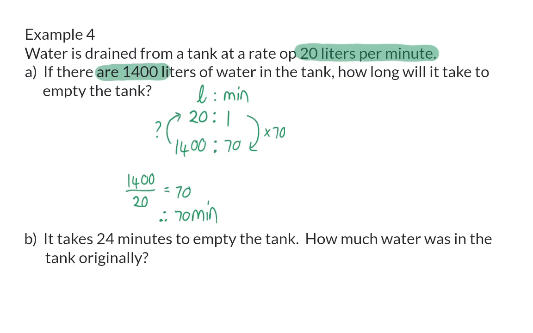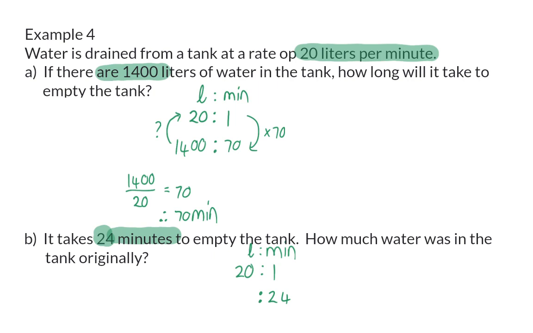Question B. It takes 24 minutes to empty the tank. How much water was in the tank originally? Once again, we start off with our simplified ratio, and then here the minutes were given as 24 minutes.